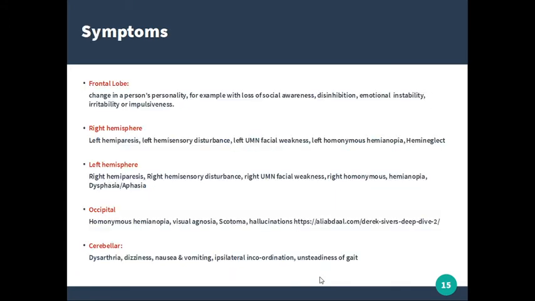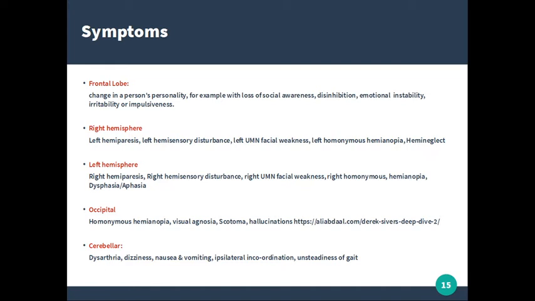Symptoms. Depending on the area of the stroke or of the lesion, and we can have a tumor, not only a stroke, we can get various symptoms that can help us point towards the area of the deficit. For example, if the frontal lobe is affected, there might be a change in the person's personality, a loss of social awareness, disinhibition, emotional instability, irritability, or impulsiveness.